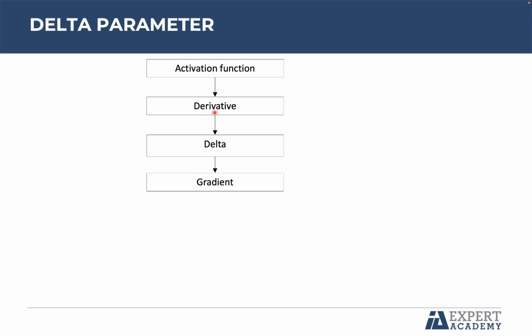When we have the value of the partial derivative, we can calculate the delta parameter, which can be considered an auxiliary variable to help in the calculation of the gradient. In other words, we need this parameter to know in which direction we will update the weights.